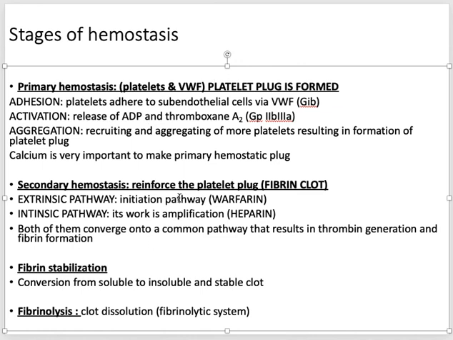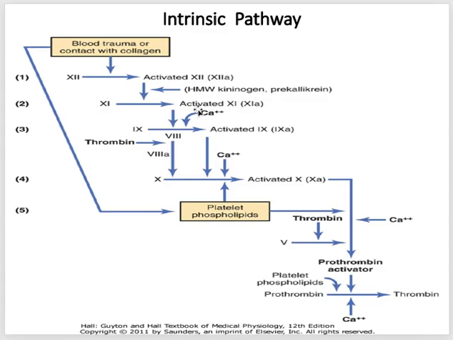And I told you about the secondary pathway. The main thing is to change fibrinogen into fibrin, a strong clot. Okay, so basically, I did not talk about many things, for example kininogen, or high molecular weight kininogen.